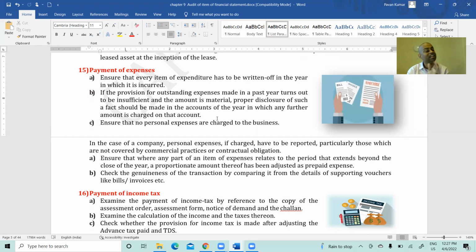Salary is paid, it cannot go to balance sheet, it has to go to P&L. When you are charging it as an expense in P&L, that is what we call written off. So every expense at the end of the accounting year should be transferred to P&L. Yes or no? Yes, sir. That is what they said, write off during the year in which it is incurred. Continue.